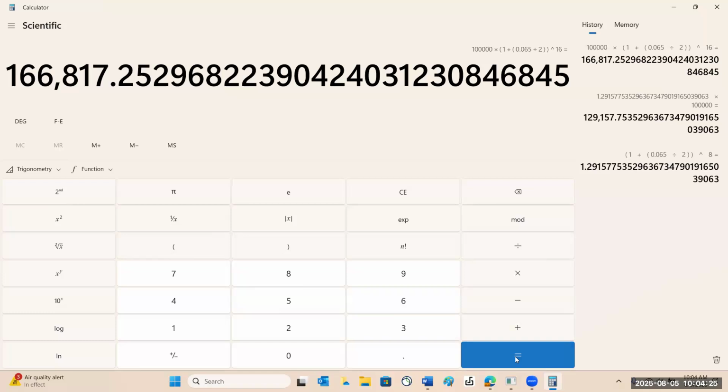In 8 years, you now owe 166,000. Remember, your penalty now is 66,000. You borrowed 100,000. In 8 years, you're paying back more than half of what you borrowed extra. Think, this is only at 6.5% interest. Imagine if it was 12 or 13 or 14. So you see how fast this stuff goes really, really quick.